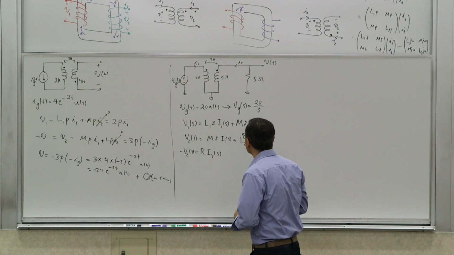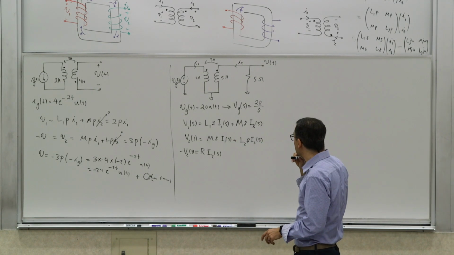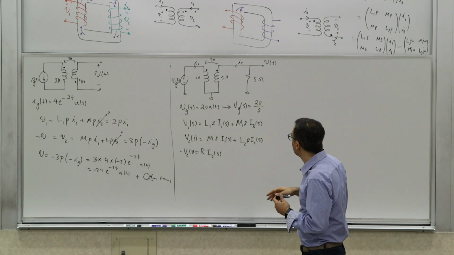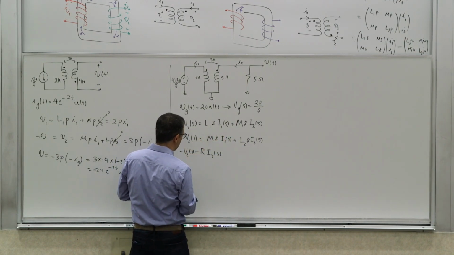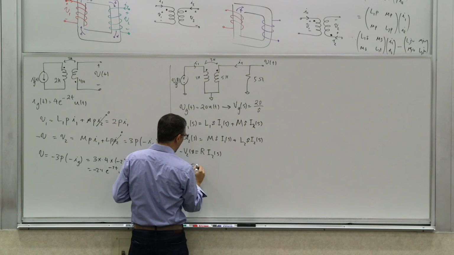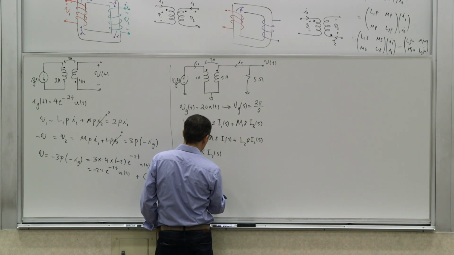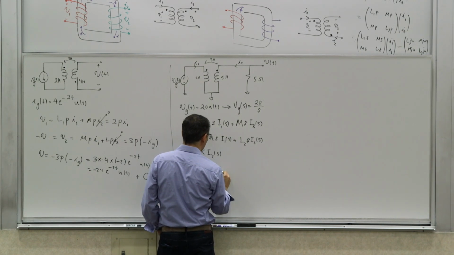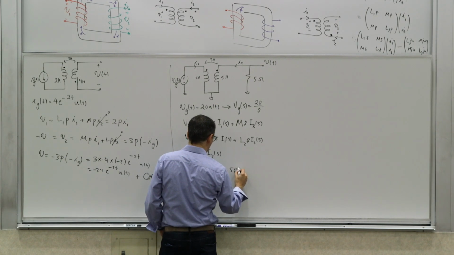But other than that, basically that makes it numerical. So we can actually make this numerical. First thing is that we know if we plug this into this equation and write it numerically, we can take this V2 of S and plug it here. So we get negative 5 I2 is going to be M, which is 3S I1, plus L2, which is 5S I2.